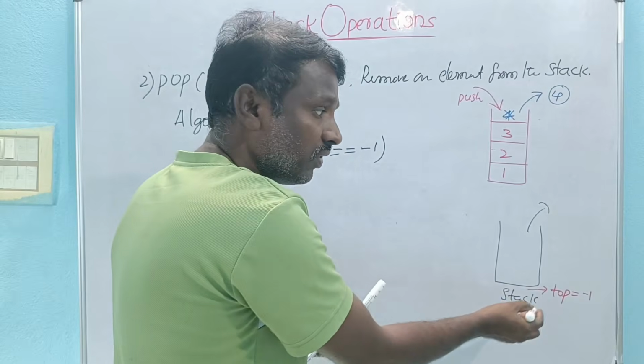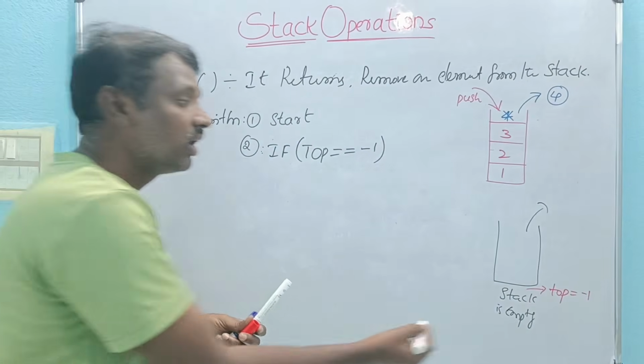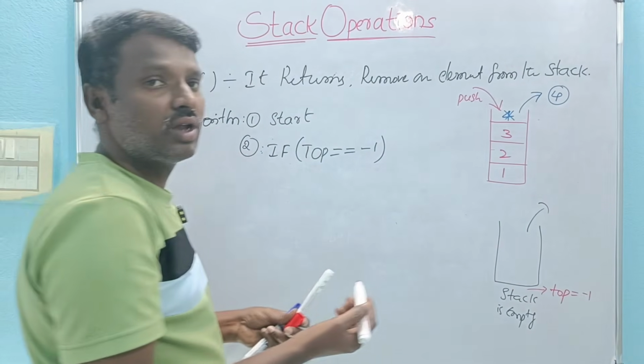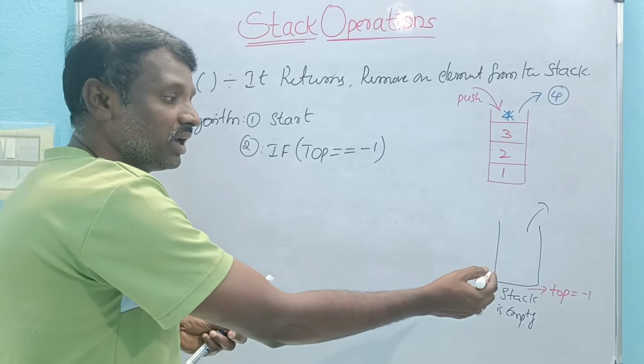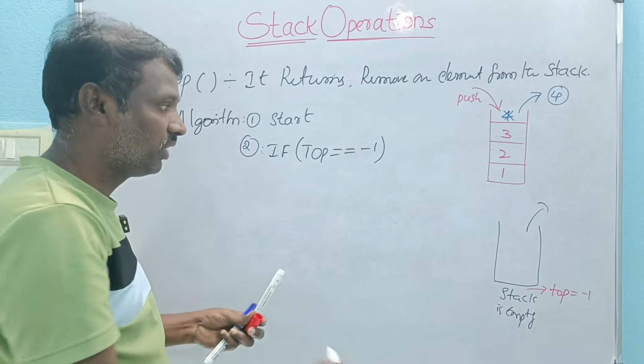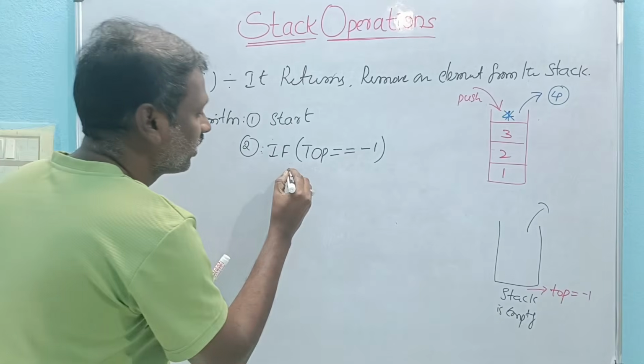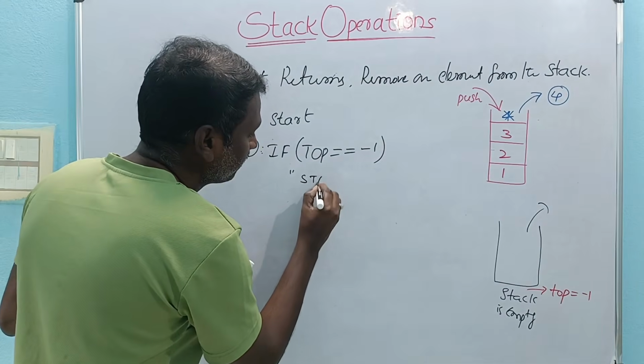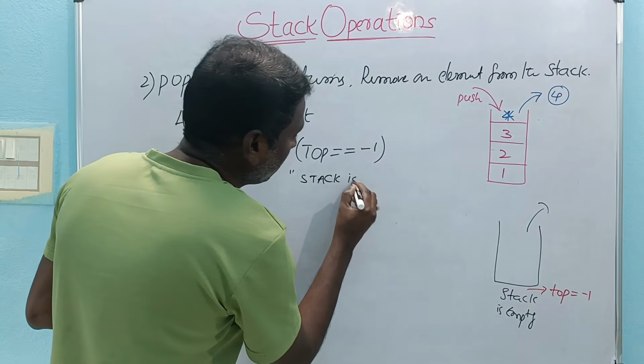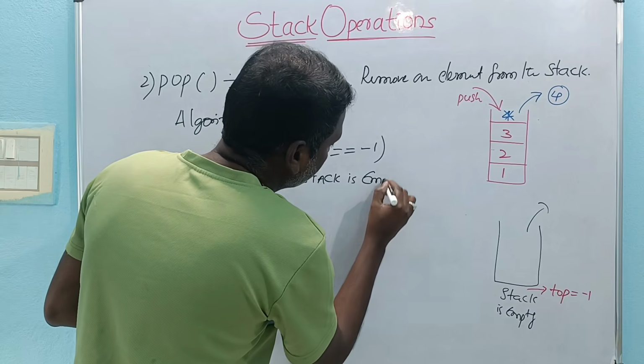At that time, where is the top position in that stack? At the bottom of the stack. That is what we represent as top equal to -1, stack is empty. So if top equal to -1, then what happens? Stack is empty.